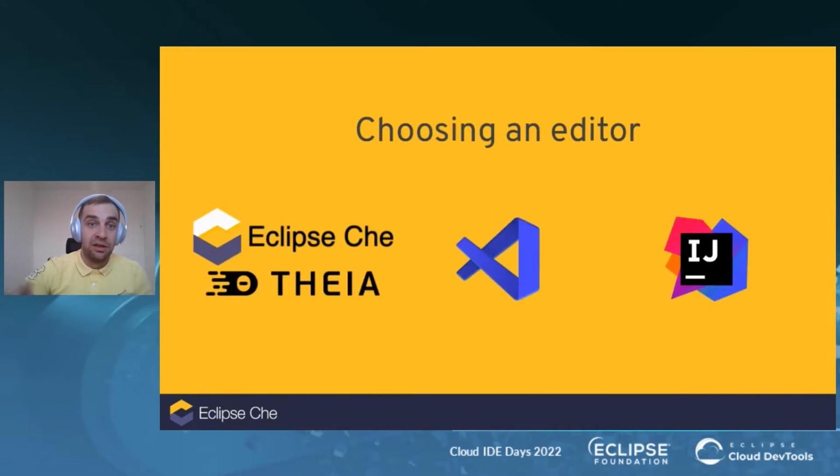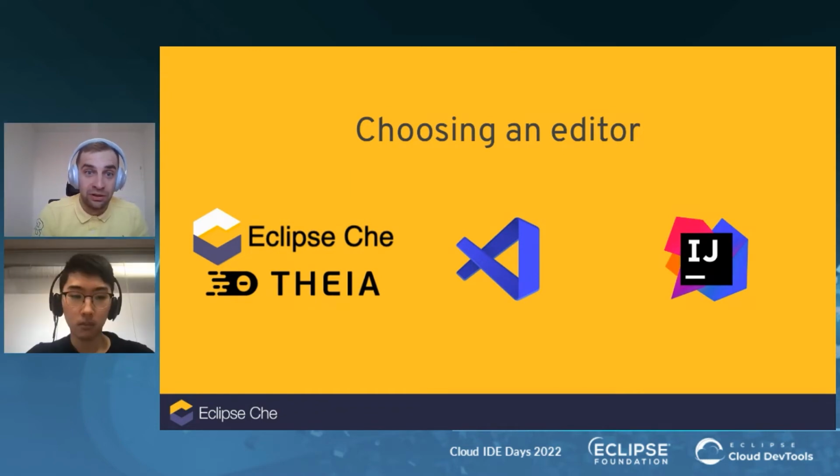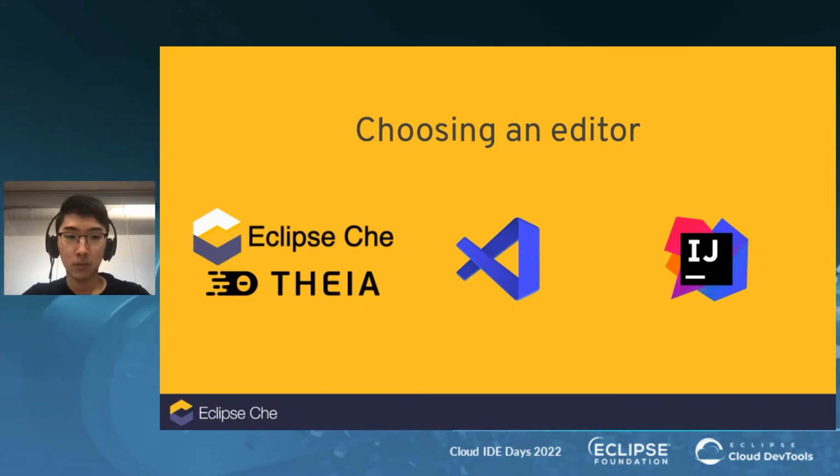And now I'm passing it over to David, who is going to tell you about the way we can choose another editor. So you already saw Eclipse Che-Theia in action, but we have something more for you. Yes. So we definitely did see how the editor for the DevWorkspace, Eclipse Che-Theia, looked.